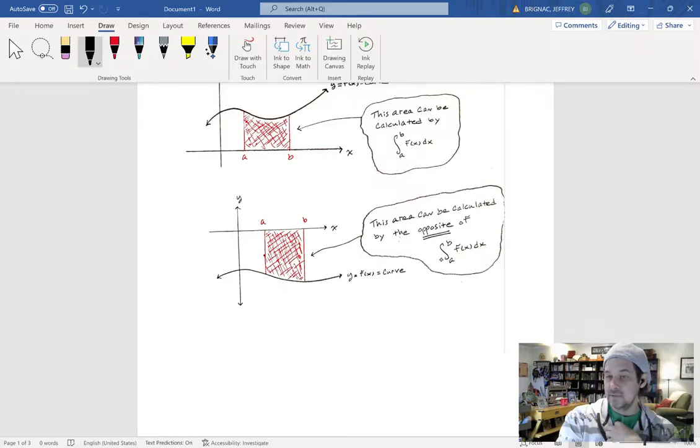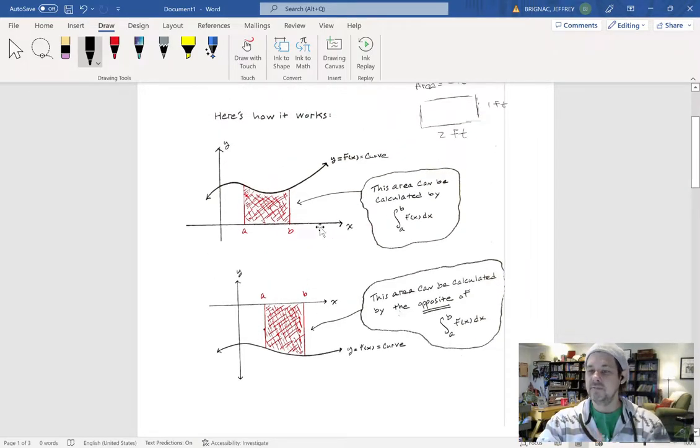Okay, so the integral goes number A at lower bound, number B upper bound. F of x is the equation for this curve. You evaluate that, you'll get some negative number. You take the opposite of it, you take the negative away. That number will be a measurement of the size of this region, the area. Okay, so those are the two scenarios. Let's look at an example of each one of them.